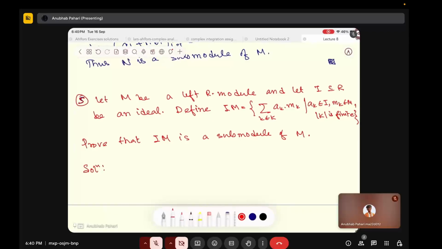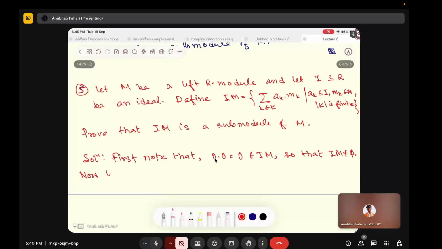So first note that 0·0 equals 0, which belongs to IM, so that IM is non-empty.